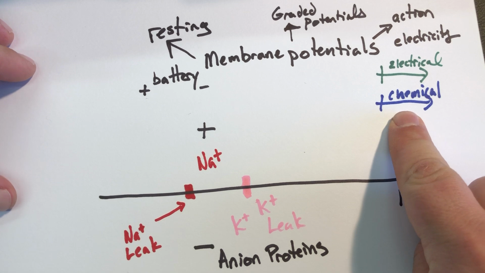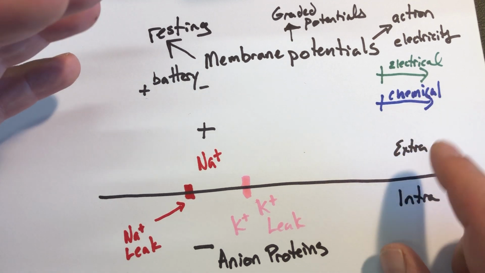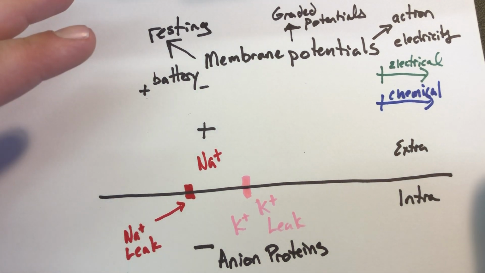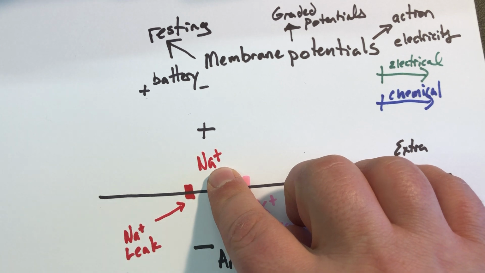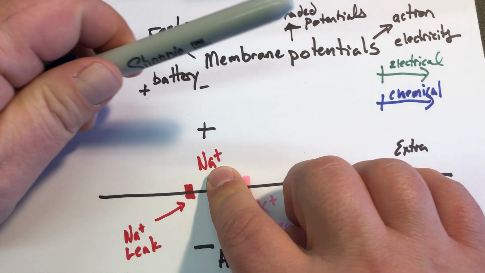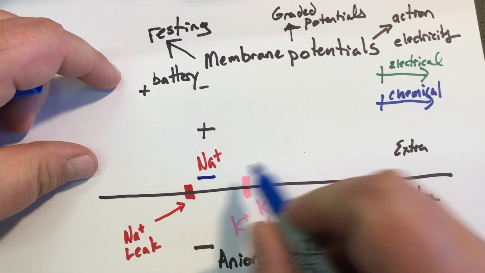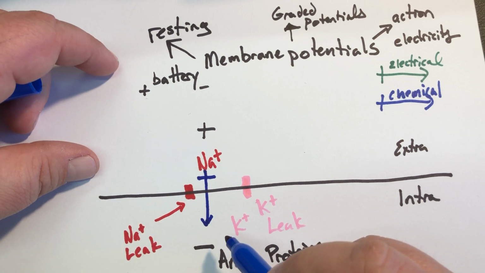Now I also created a color code scheme for types of gradients, electrical and chemical gradients. Chemical gradient is where you have a large concentration of a chemical in one area and a smaller concentration in another area. So for example, we have a large concentration of sodium outside of the cell compared to inside the cell. So there is a chemical gradient for sodium towards the inside of the cell.